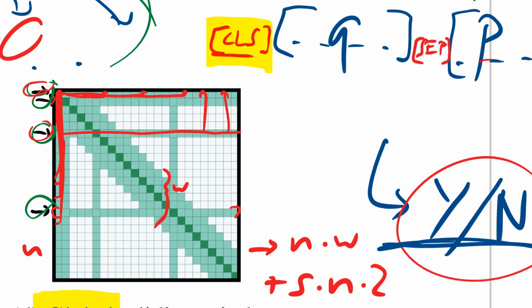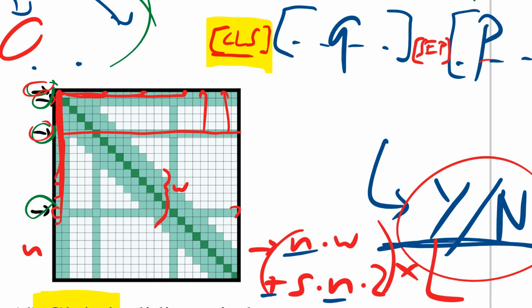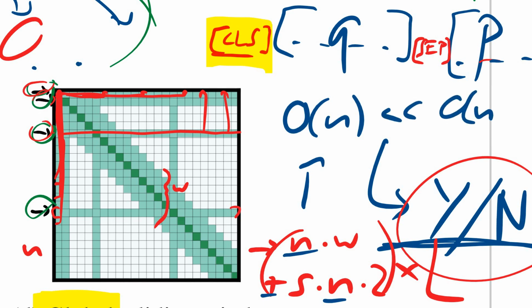And this entire thing, with the plus, times the number of layers. So this is your new attention memory requirement, and as you can see here, n plus n, so this is going to be order of n instead of much smaller than order of n squared as we had for the original transformer, right?